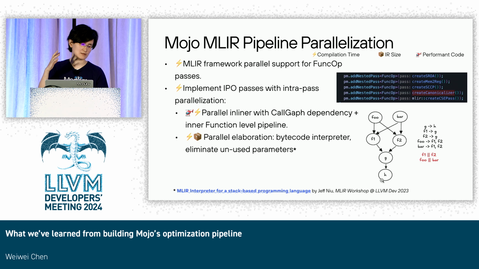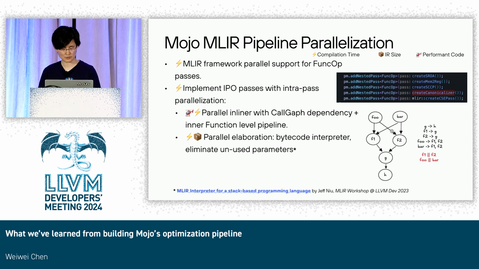For every function, we create asynchronous parallel tasks, and we set the dependencies between the functions if there's a call graph dependency among them. So if there's a call path between them, they have to wait for each other to finish. But if there's no direct path between the functions, they can run in parallel.